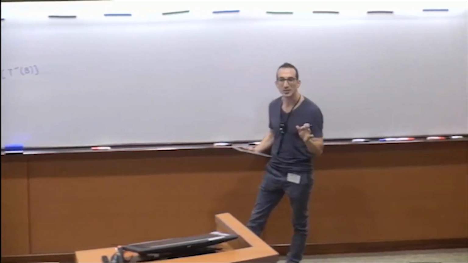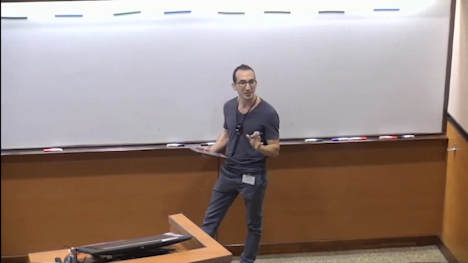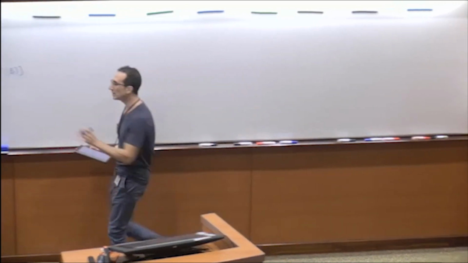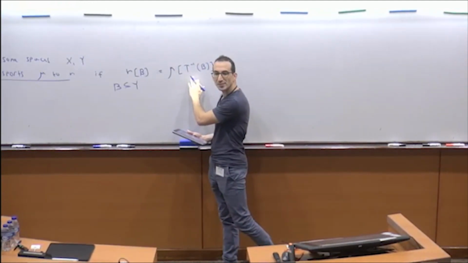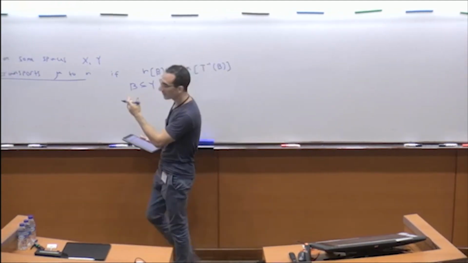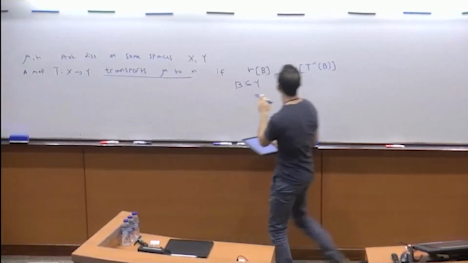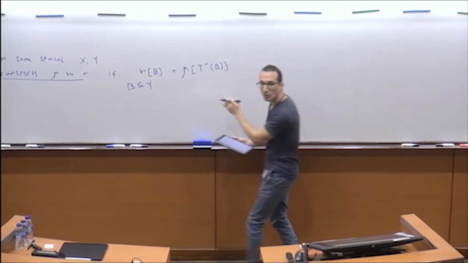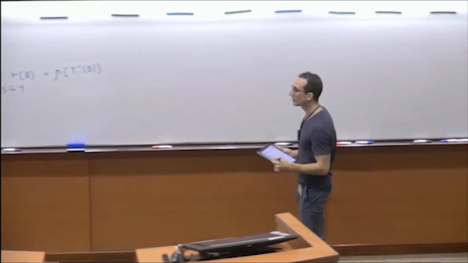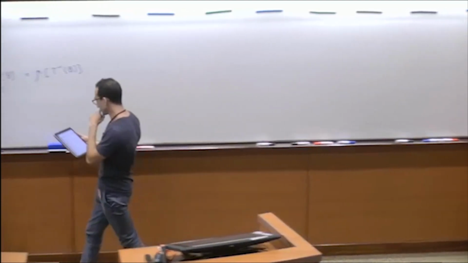So we do not assume that T is invertible or anything like that at this point. T inverse just means the inverse image of the set B. So the inverse image of B is some measurable set inside X, and we will say that T maps mu to nu if we have this equality. And I'll write this definition in some other ways.